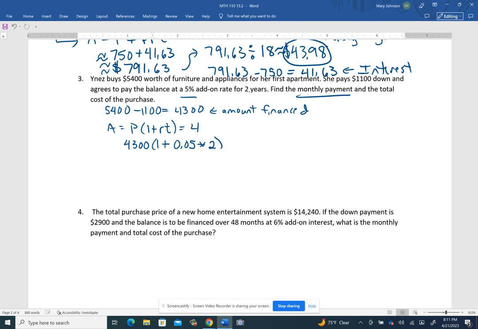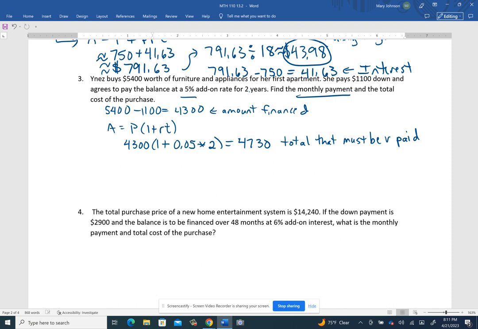Okay. All right, so I'm going to do that. And that turns out to be 4,730. And that's the total that must be repaid, which they didn't ask me for. Total that must be repaid.